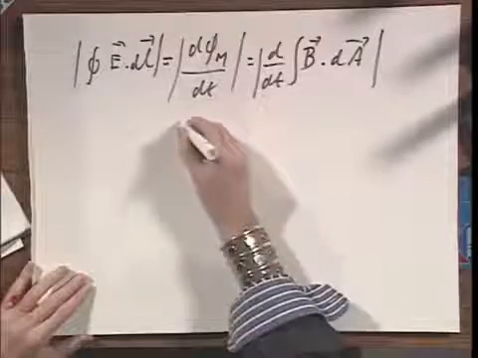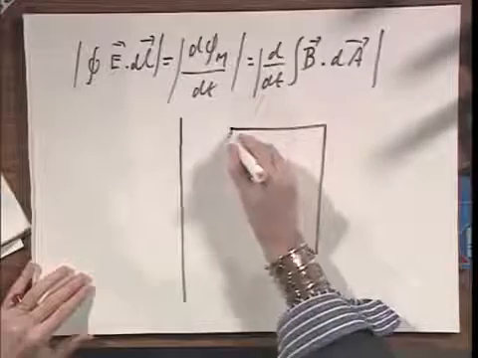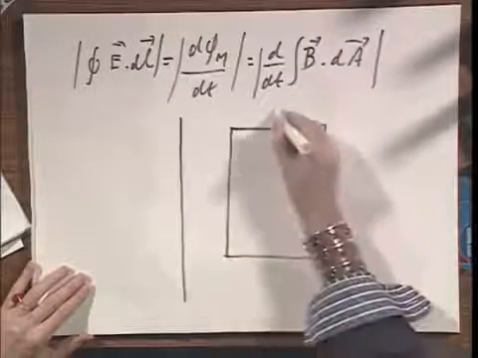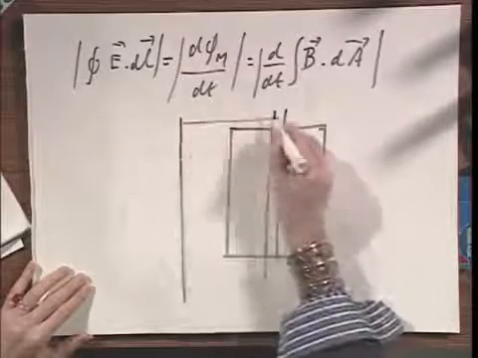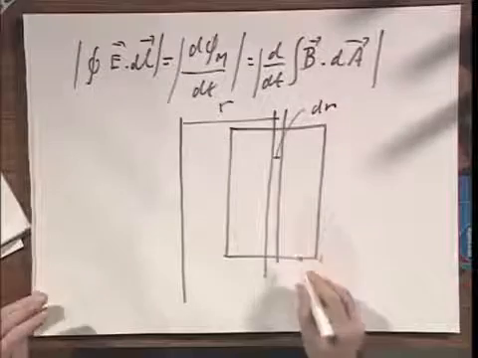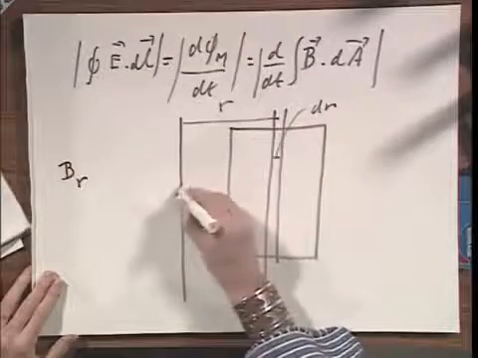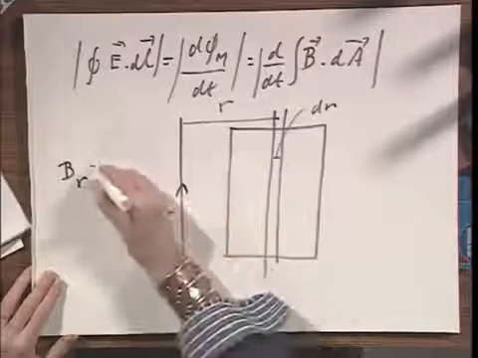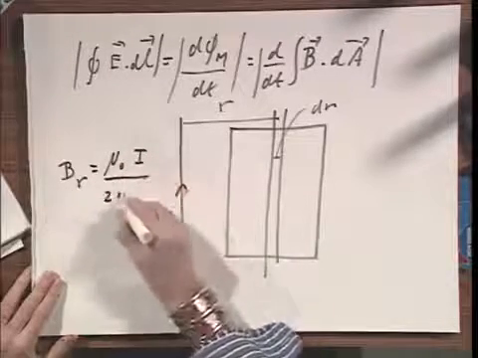And now what I have to do to calculate this properly, I have to take a slice out of here. I take a slice out of here at distance r, and the width of the slice is dr. And the magnetic field at that position r, away from this wire, with current I, is something that you by now know by heart, is mu0 I divided by 2 pi r.